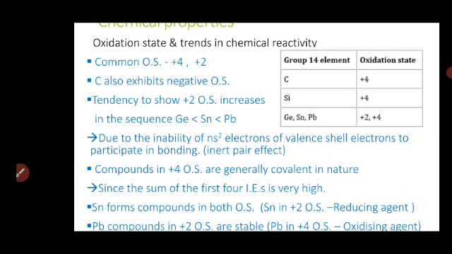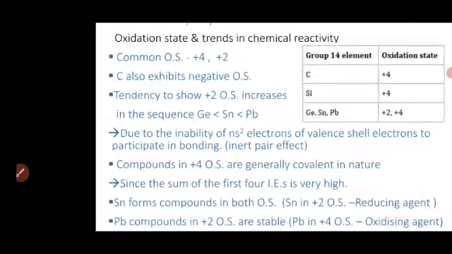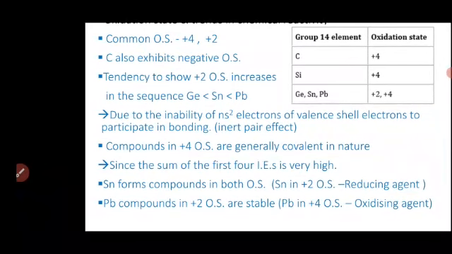Now why is it? Because to lose electrons we require energy, and this energy is very high. So the sum of the first four ionization enthalpies is very high, and hence in +4 oxidation state the compounds are covalent in nature.